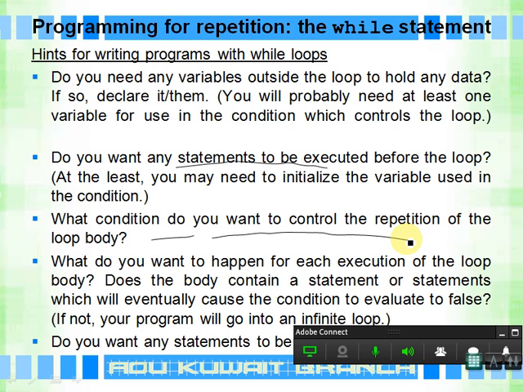You have to decide. And what is to happen if this condition is true? If this condition is true, what is the body? What do you want to do inside it? You want to add a total, again ask the user for a number, or what do you want to do inside the loop, inside the body.